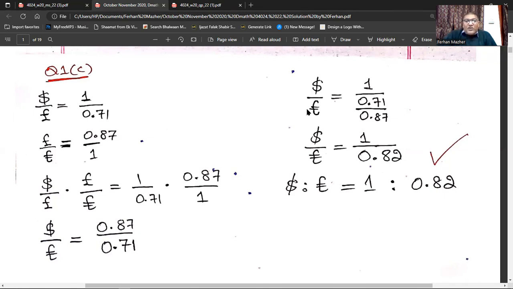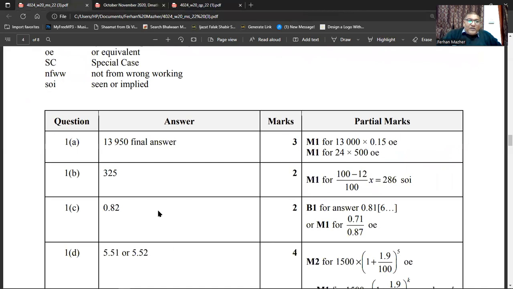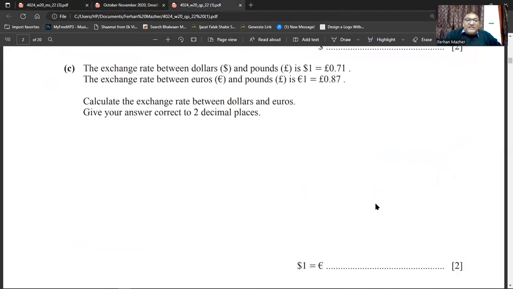So dollar by euro equals 1 divided by 0.71 divided by 0.87, and this will be 1 divided by 0.82. It means that $1 is 0.82 euros. So our answer is 0.82 euro. You have to write that here.